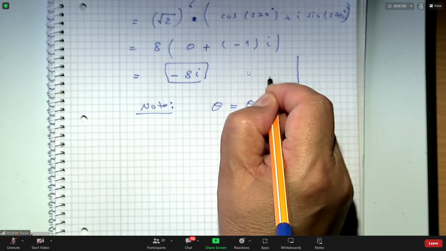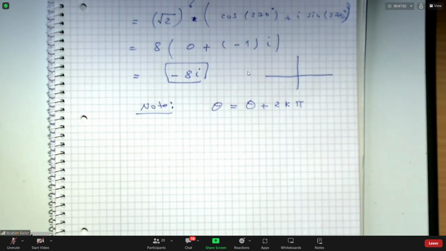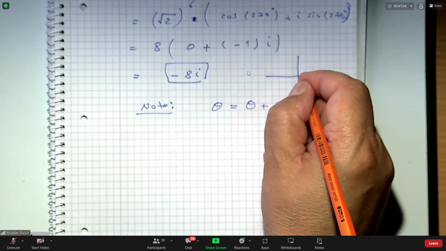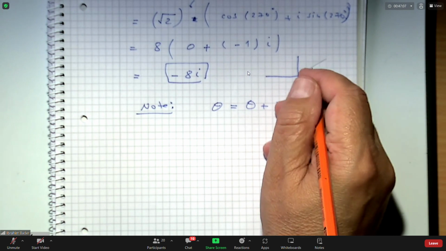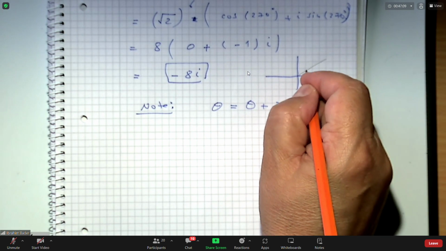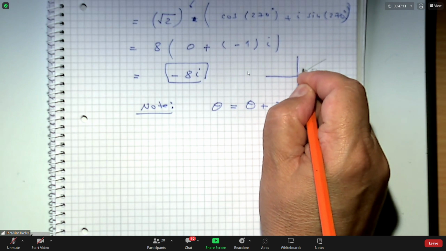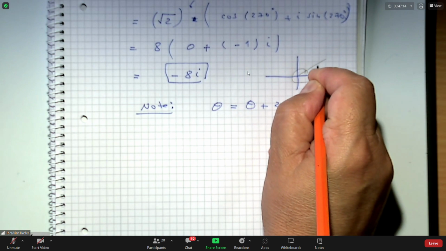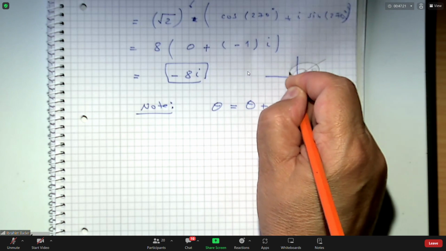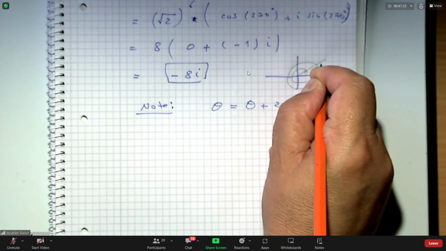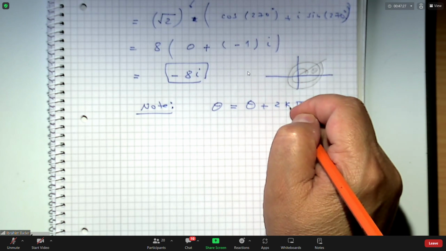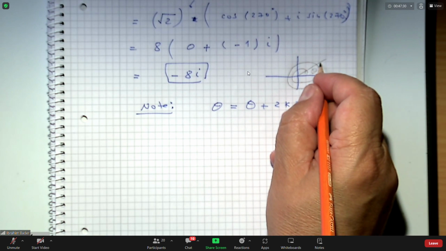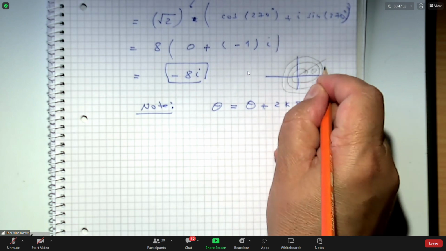This is what we called, I think we did that in the first sections, a periodic function. So for instance, if I take a full cycle here, then I end up having the same. So this is theta plus 2 pi, 4 pi, 6 pi, and so on.